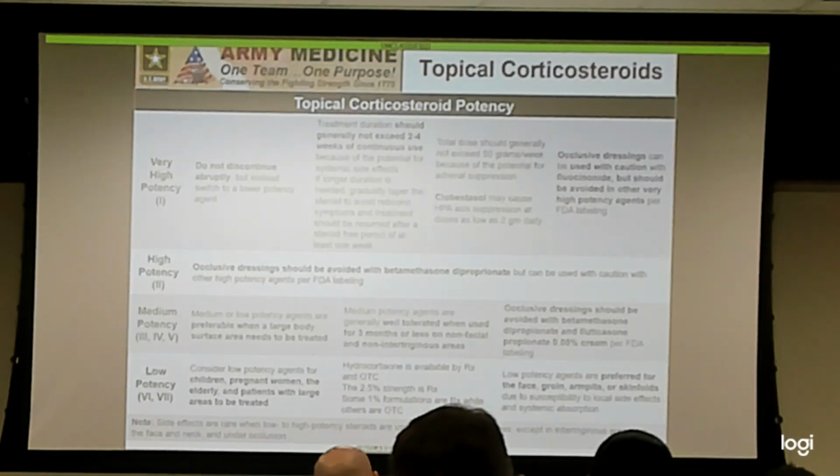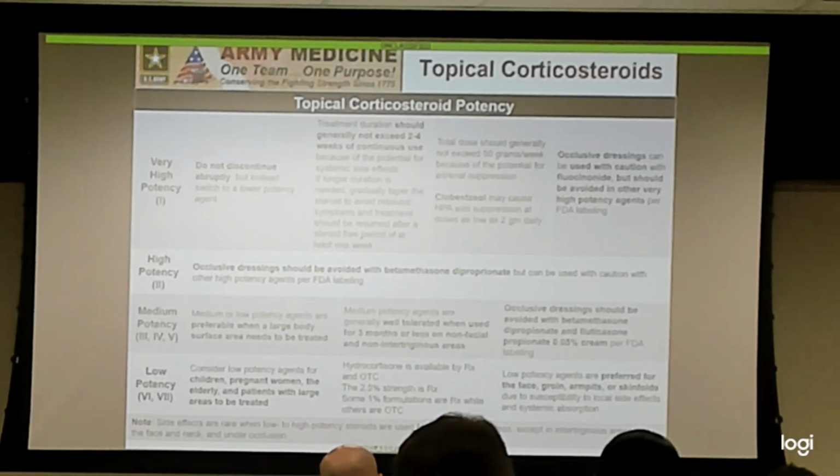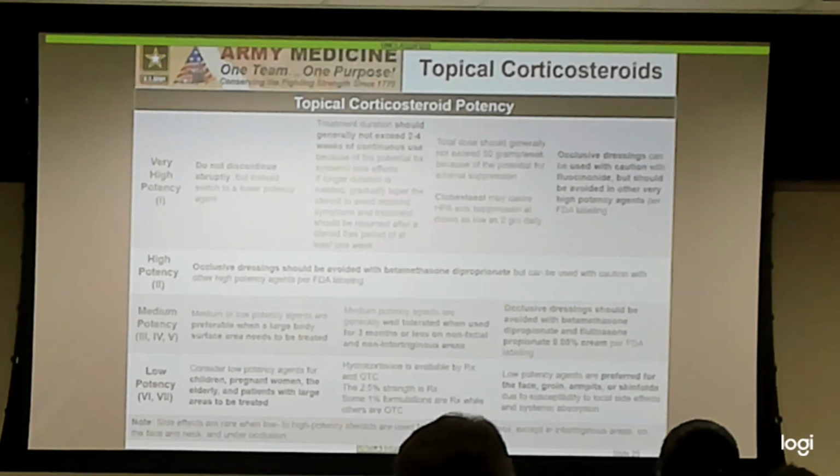You see your clobetasol? So we're saying 50 grams a week for most of our very high potency agents. But our clobetasol is so strong that giving more than 2 grams a day could cause adrenal suppression in these patients, okay? So that's just 14 grams in a week, which is significantly less. I need you to remember clobetasol is more potent than all of your other very high potency medications, okay?